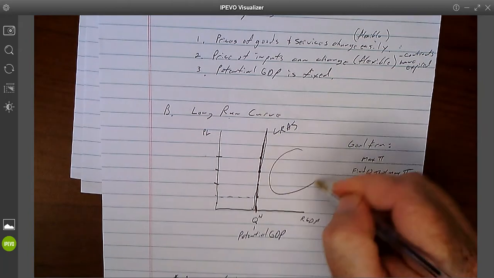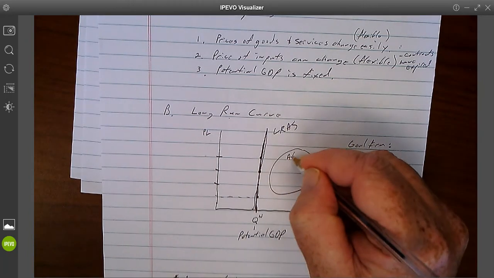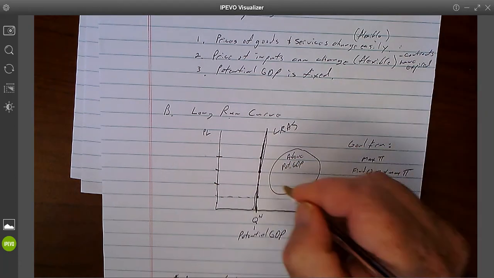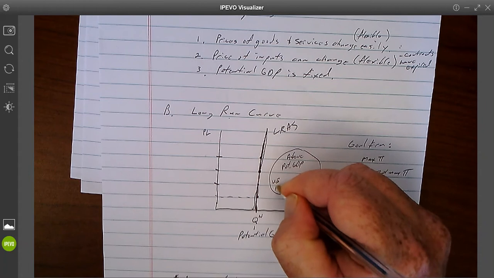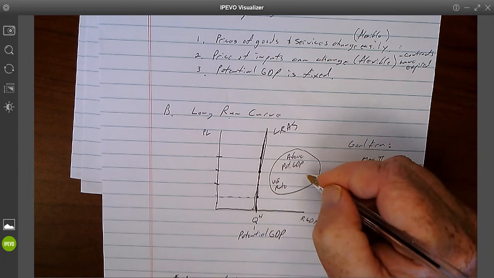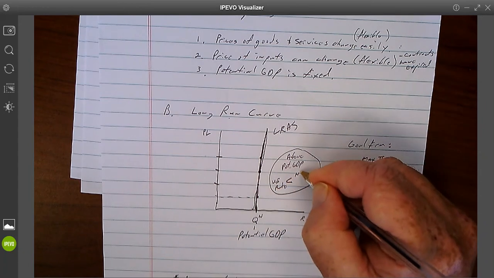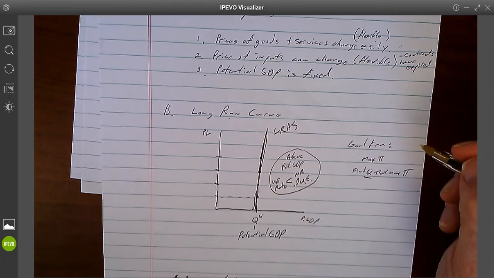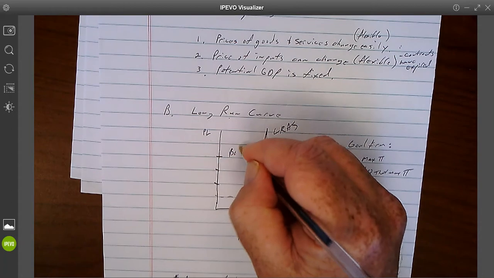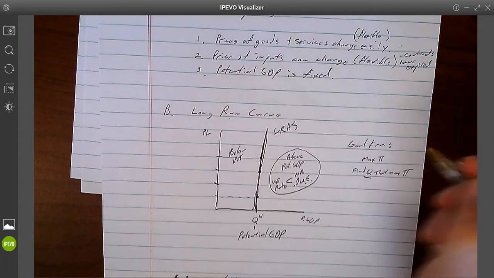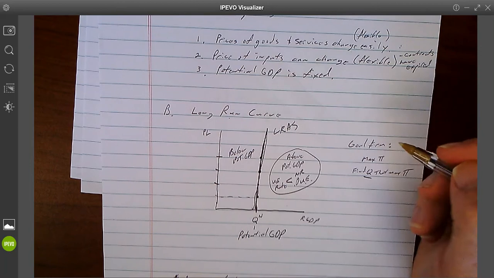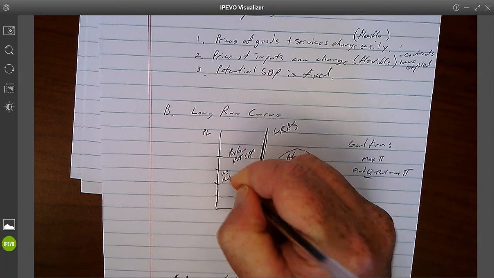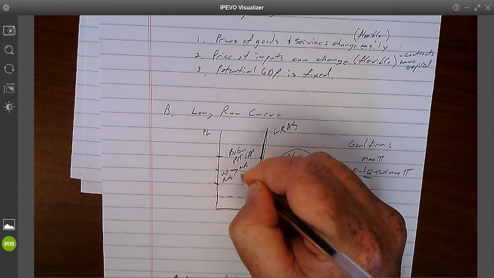If we're over here, okay, this is going to be above potential, right? And the unemployment rate is going to be less than the natural rate of unemployment, okay? And over here, we're going to be below potential GDP. And so the unemployment rate is going to be greater than the natural rate of unemployment.